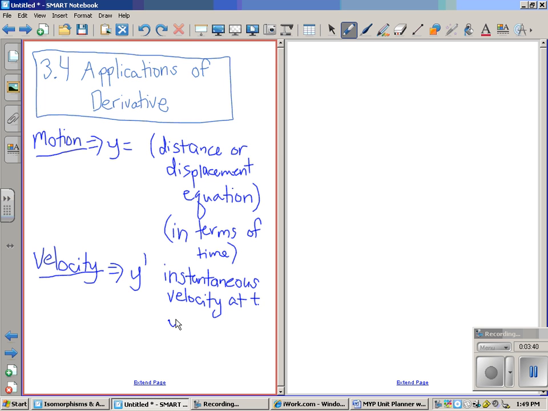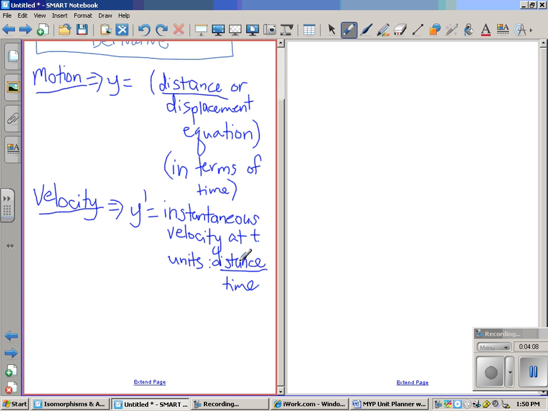The units of this are going to be a distance over a time. All right, so if you take the derivative of y, you get the units of distance over time, and that represents the instantaneous velocity.